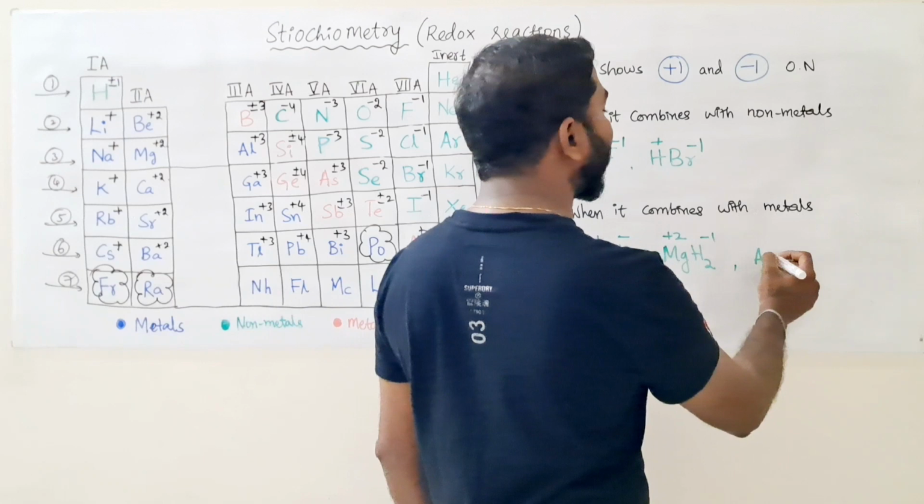Now I'll quickly give you some positive ligands, where we have NO2+ and NH3+. We have so many, but as far as our concept is concerned, let me be particular with a few. We have a separate chapter called complex compounds in the second year intermediate, where we will discuss the maximum number of possible examples.